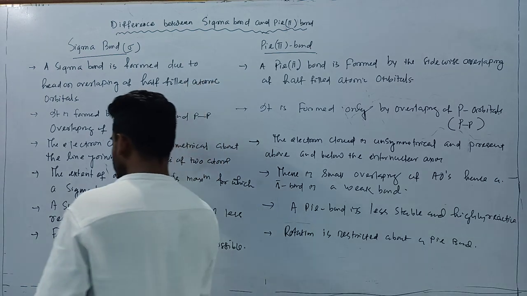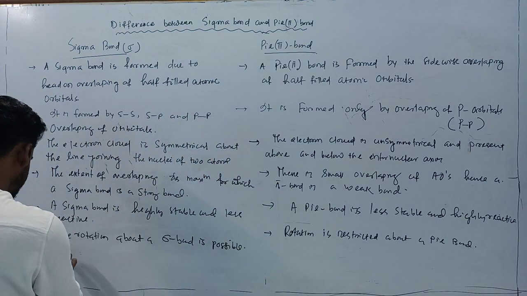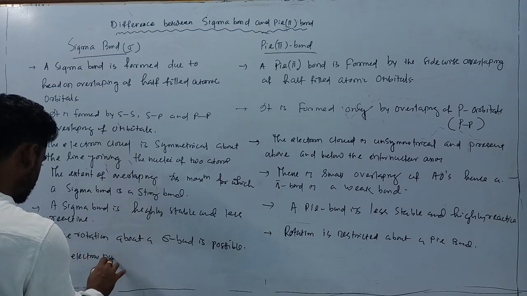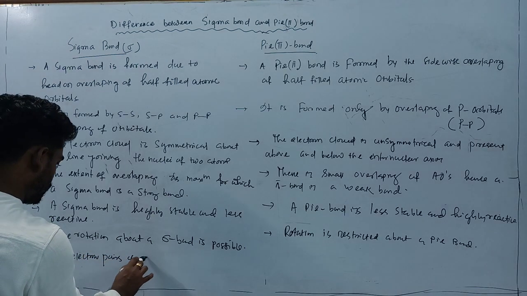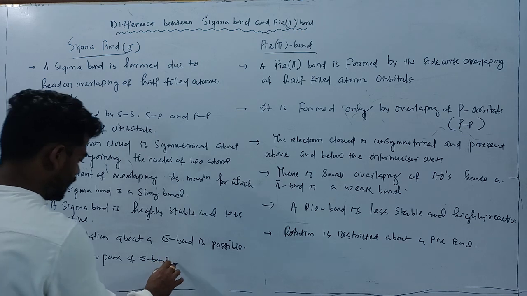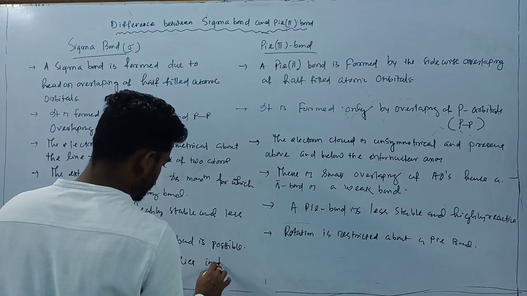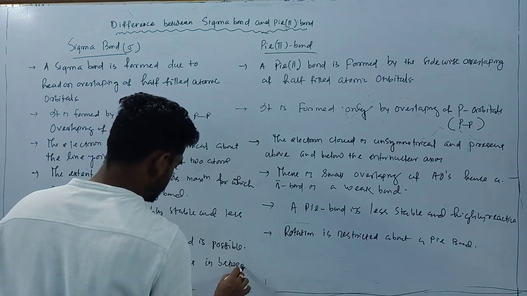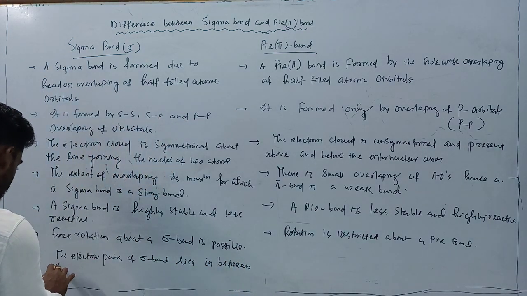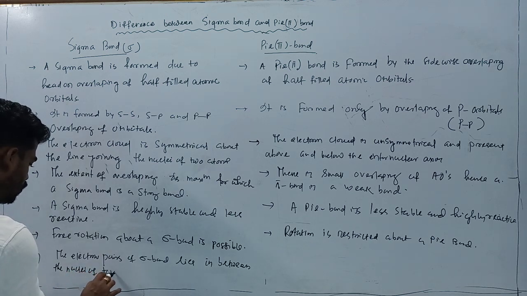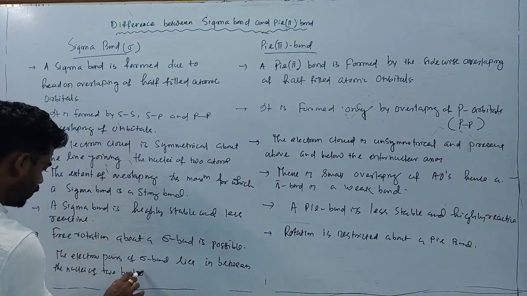Another, the sigma electrons are fixed. The electron pairs of a sigma bond lie in between the nuclei of two bonded atoms.